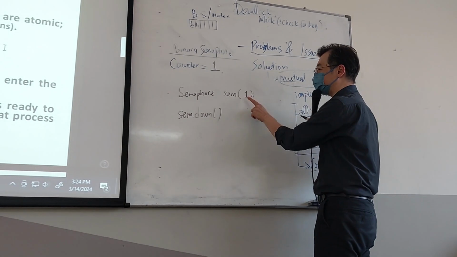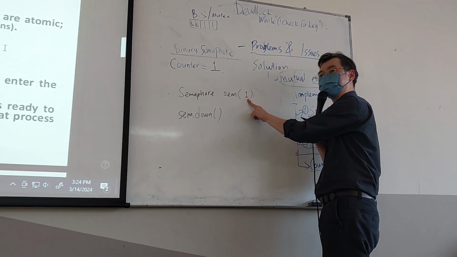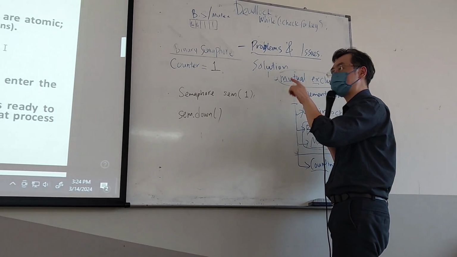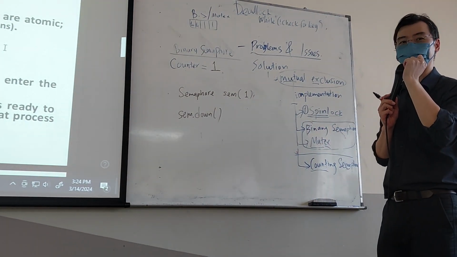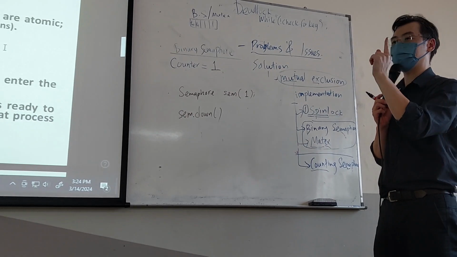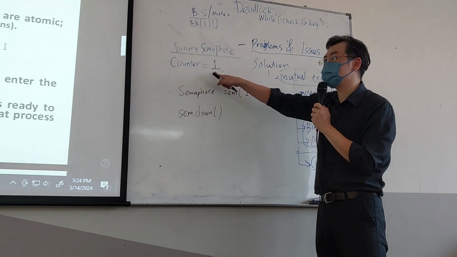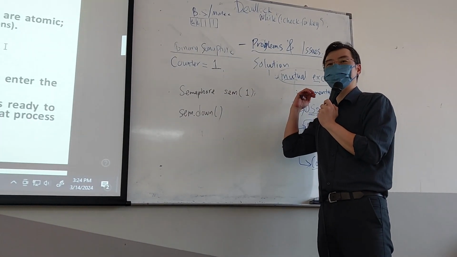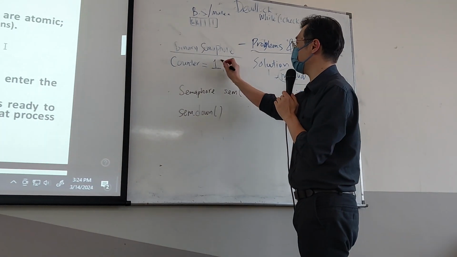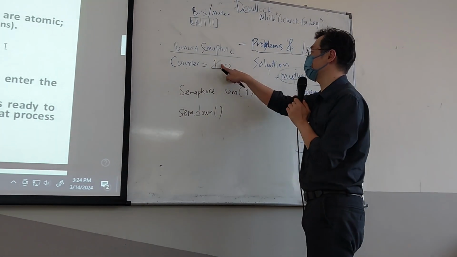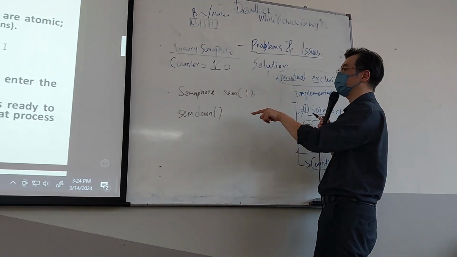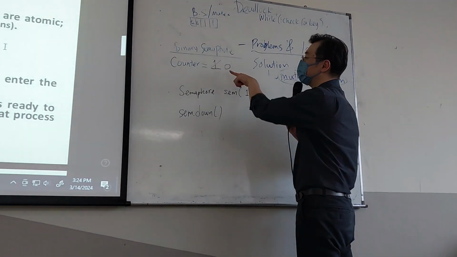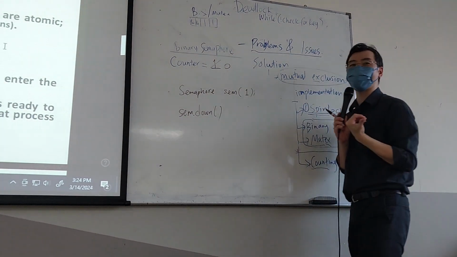If it is 1, there is 1 key. So you can imagine the counter tells you whether you have the key or not. If it is 1, when you perform a down, you see a 1, that means you can pass, because now it becomes 0 since you take the key. So the next thread that's coming, when it performs a down, sees a 0, so it gets blocked.